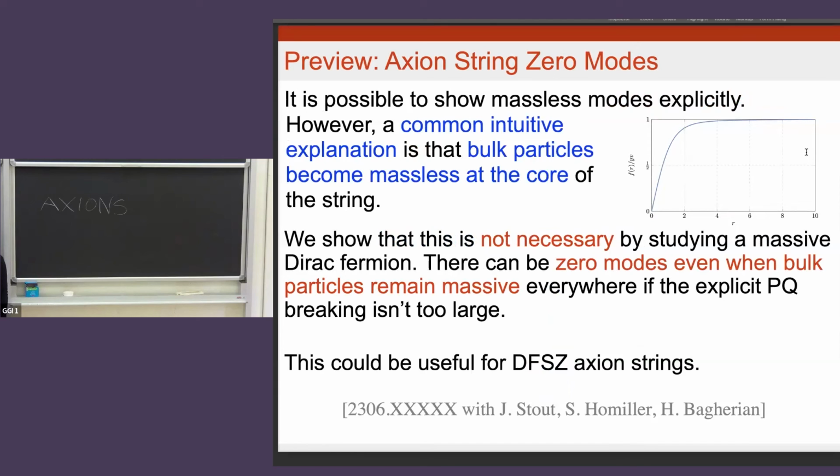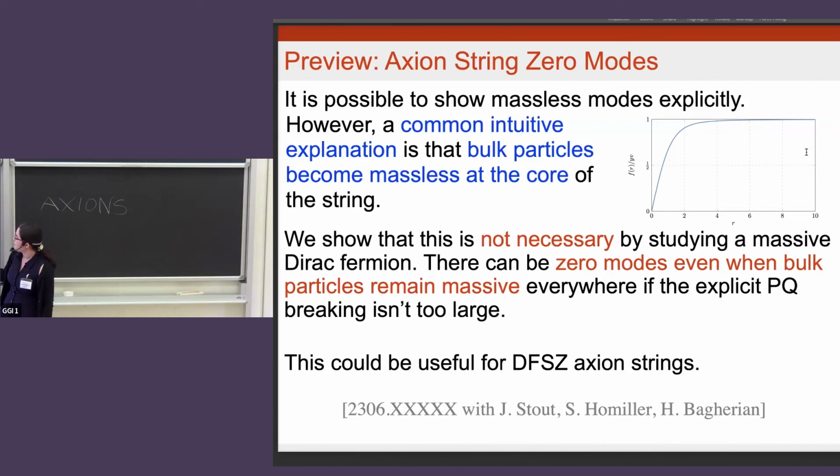And we find that you can get zero modes. Even when you have bulk particles that are massive everywhere, there are still separate modes that are localized to the string, which has interesting potential phenomenological consequences for DFSZ axions because you see something similar there, which is something that we're still working on. So this work should be out hopefully next month.